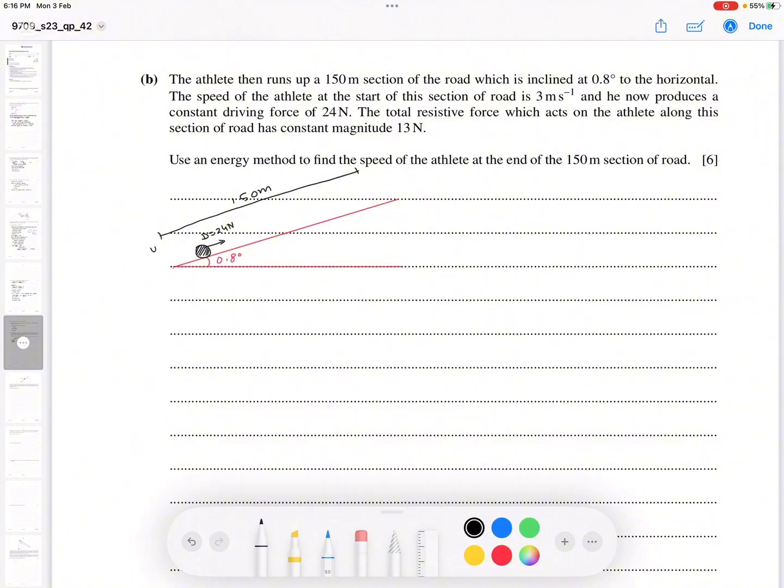Initial velocity is also given, which is 3 meters per second, and his mass is also given, 84 kg. The resistive force is 13 Newton. So our final velocity is to be calculated when he reaches up the inclined plane here.